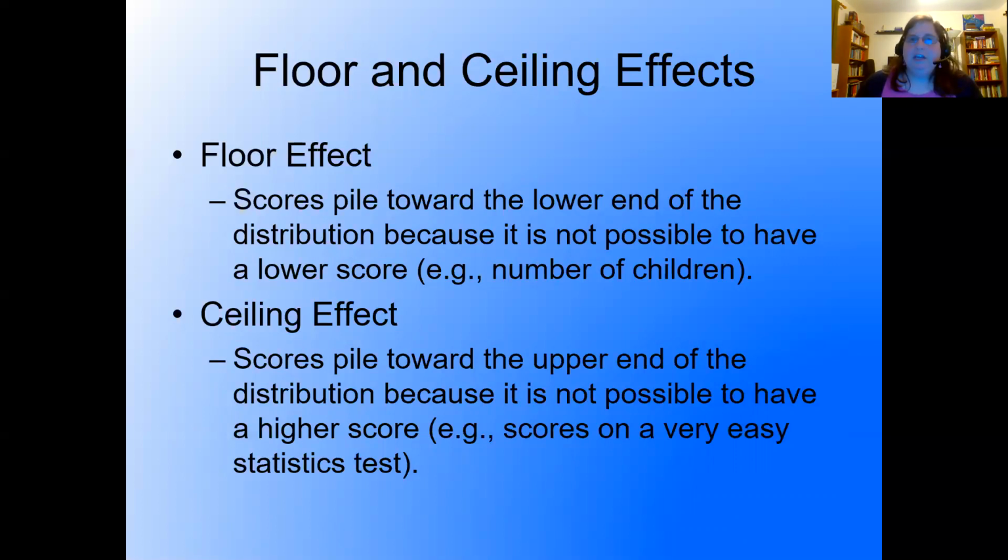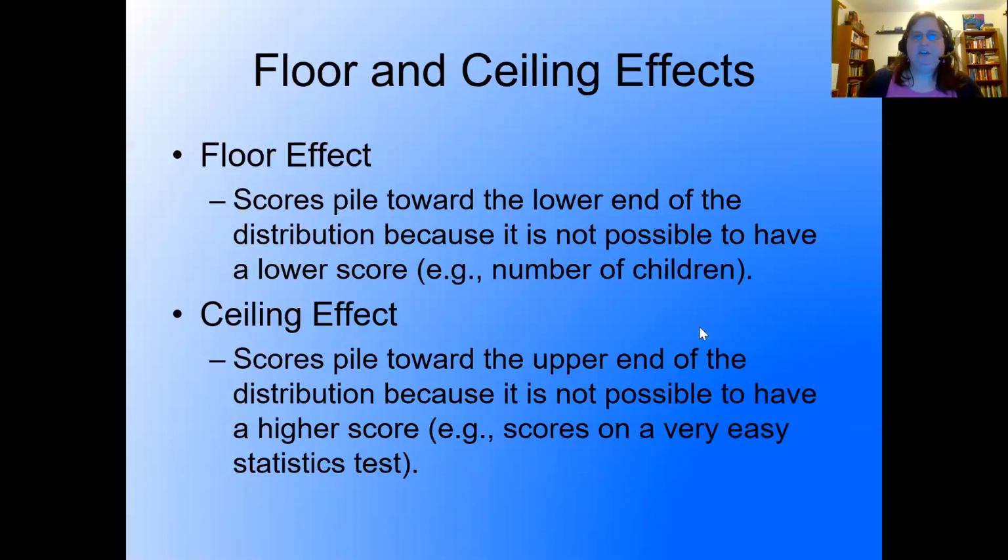Most people would probably get 100 or 95 or 90. Let's say it has more than one question, because otherwise we can't have any distribution there. But most people would score very, very high and we'd have a ceiling effect. Okay.